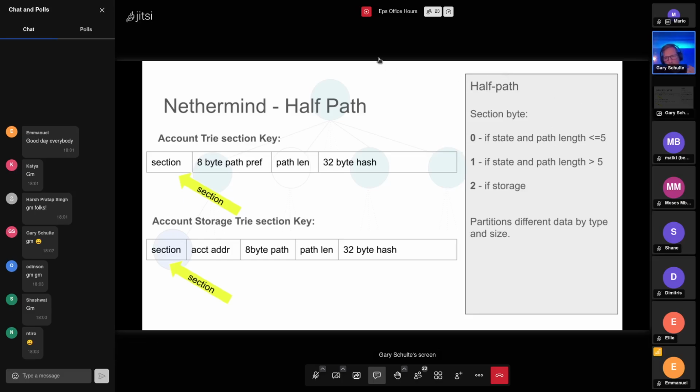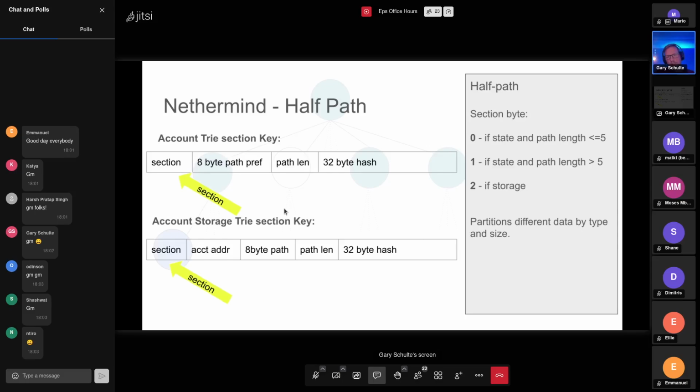So that would be 10 or fewer nibbles worth of path, and it's partitioned off in section 0. So that's going to be the hot part of the tree. Section 1 would be the less hot part of the tree, and it's going to be storing more of the path prefix. The path prefix would be up to 16 nibbles because it's 8 bytes of path prefix, and all of those are going to be stored together on disk.